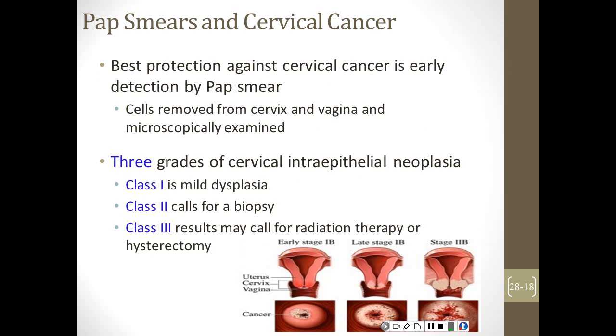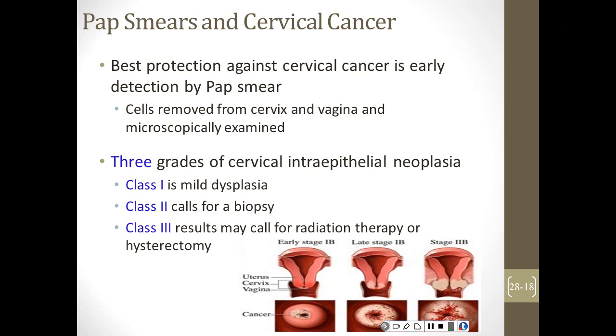Now, before you get your Pap smears done, which I forgot to tell you, there are certain things you're not supposed to do 24 hours prior to the test. So you should not engage in intercourse 24 hours prior to.